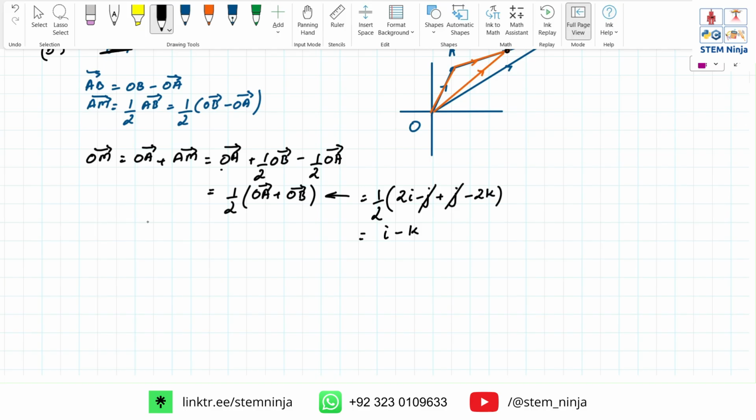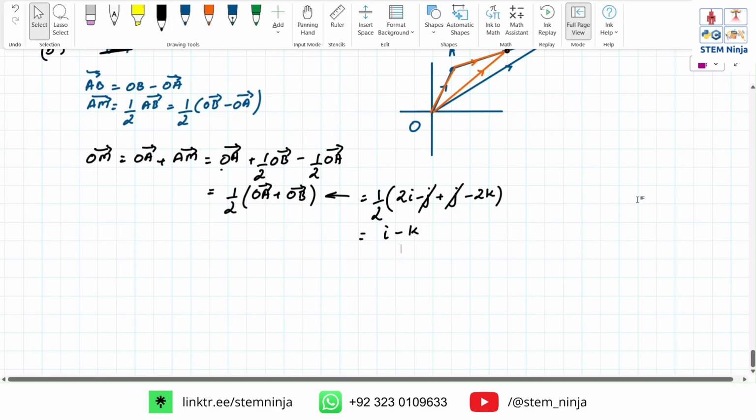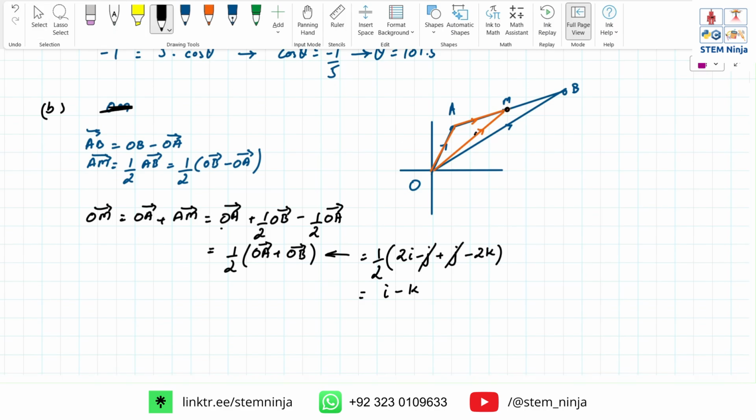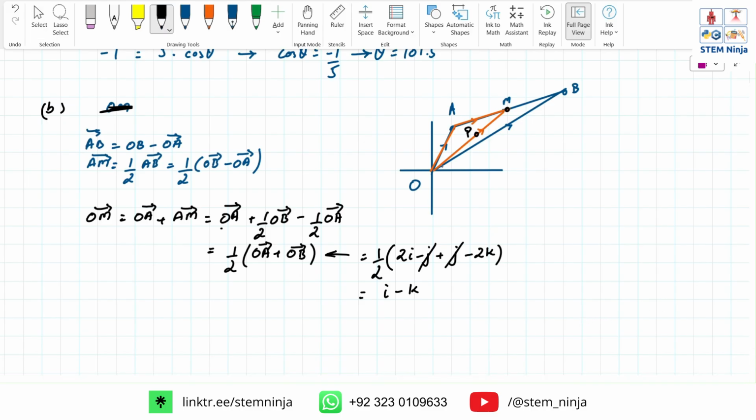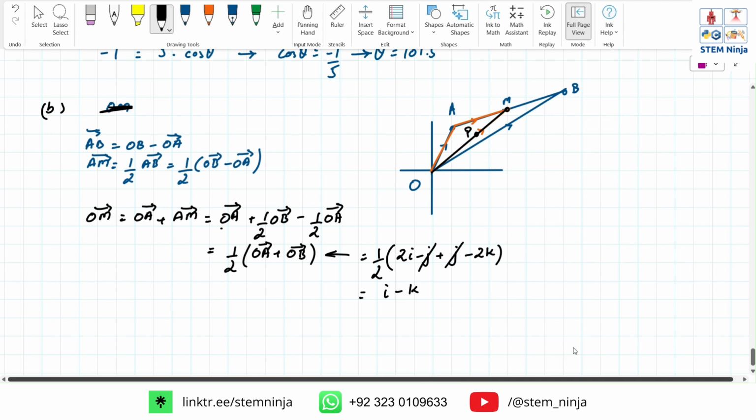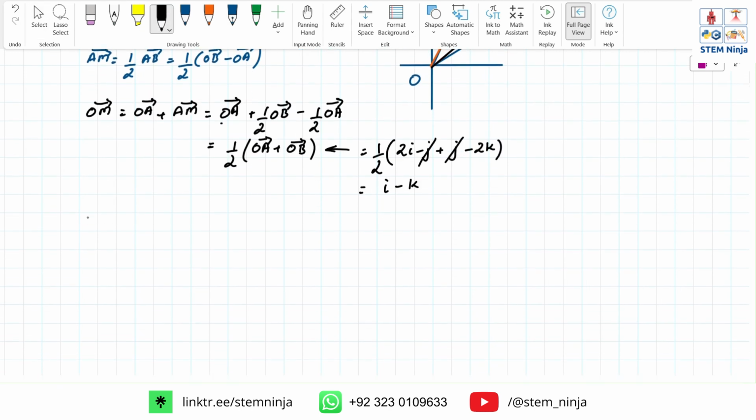Okay, so that is OM. Now, P is along the line of M, which means it follows the parallel line relationship, and O, P, and M are collinear points.